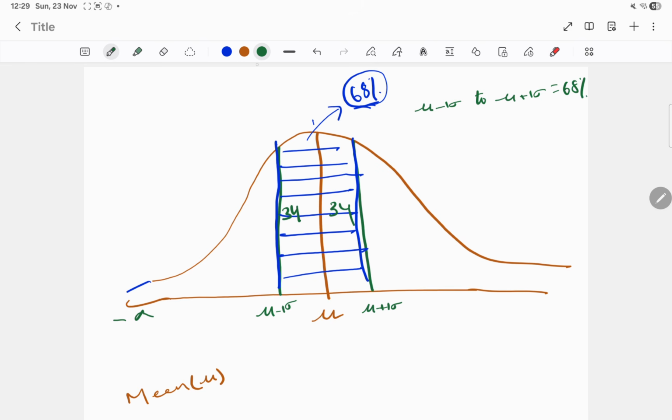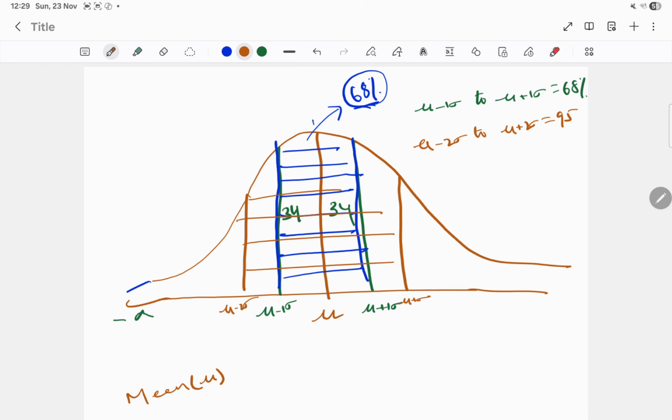Similarly, the area from mu minus 2 sigma to mu plus 2 sigma is 95%.